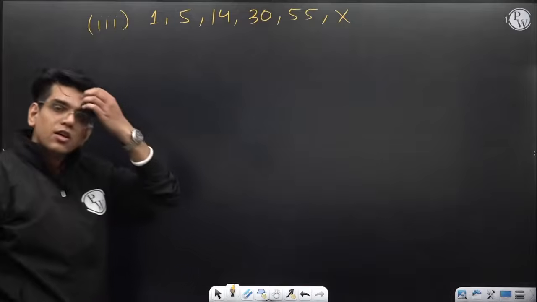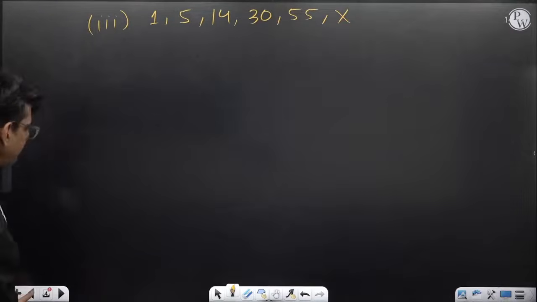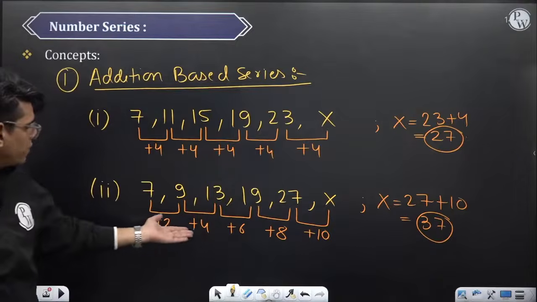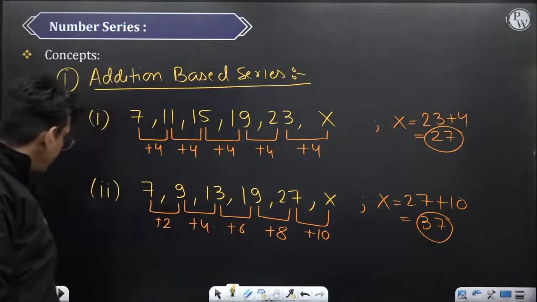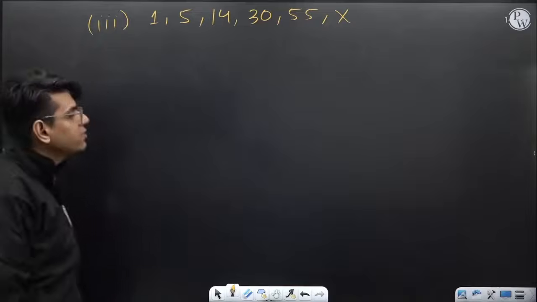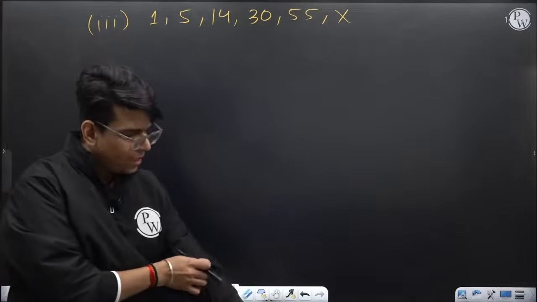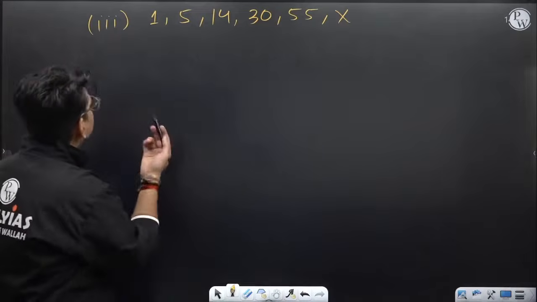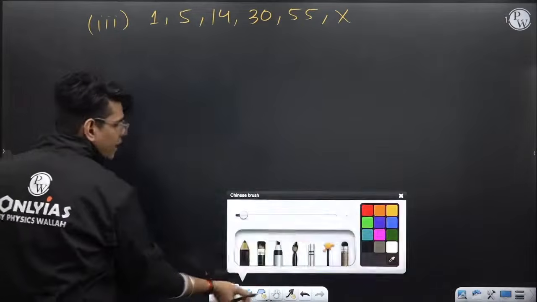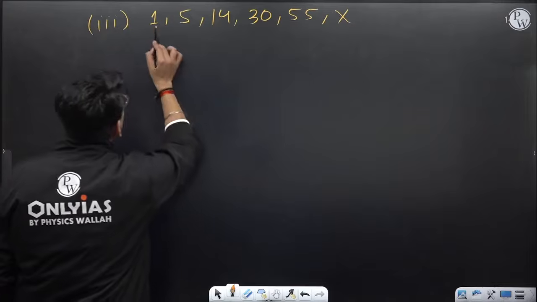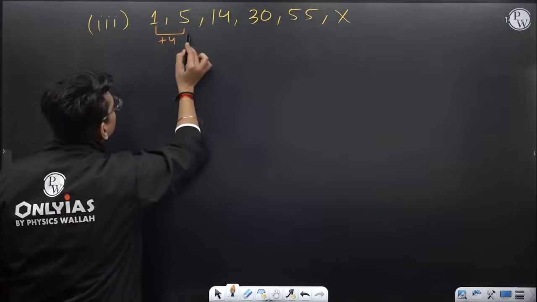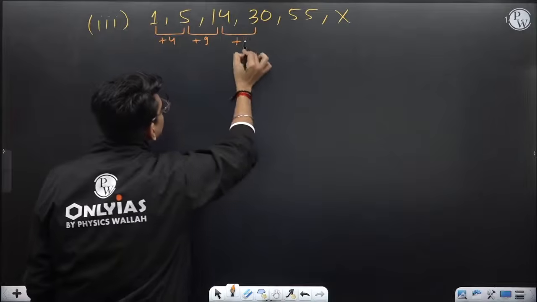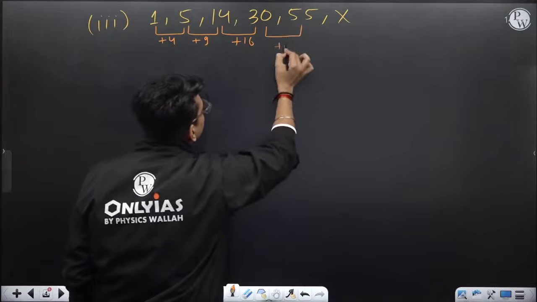In addition, the addition can be simple, like plus 4, plus 4, plus 4, or it can be plus 2, plus 4, plus 6, plus 8, plus 10. Addition can also be in terms of squares or cubes of numbers. Here the difference between 1 and 5 is 4, then plus 9, plus 16, plus 25.